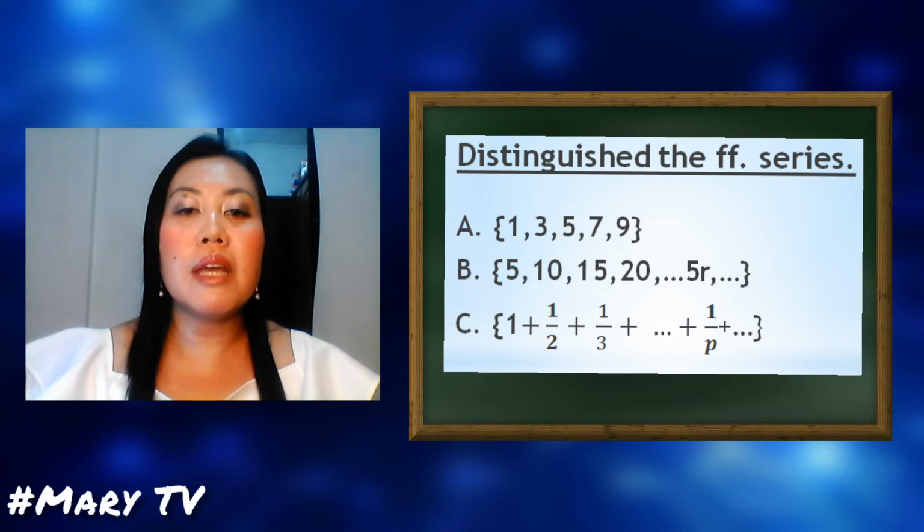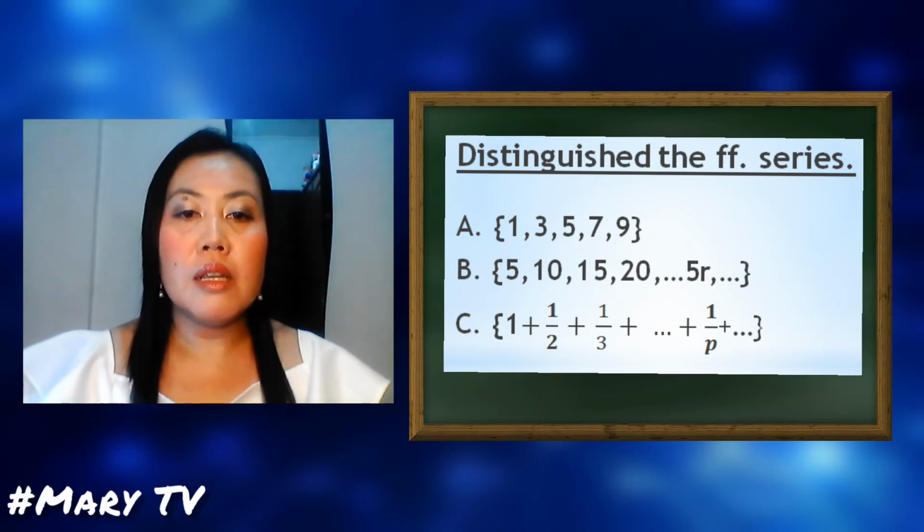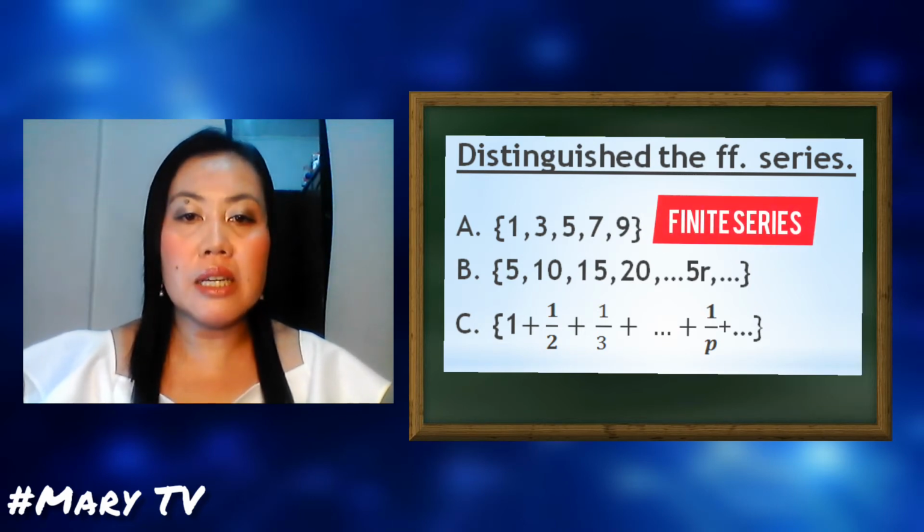The third given is 1, 1 half, 1 third, plus ellipses, plus 1 over p, plus ellipses. The first example, 1, 3, 5, 7, 9, is an example of a finite series because there is a definite number of terms in the sequence.